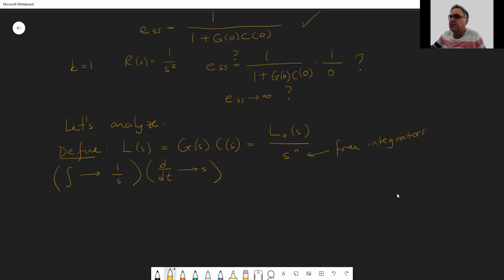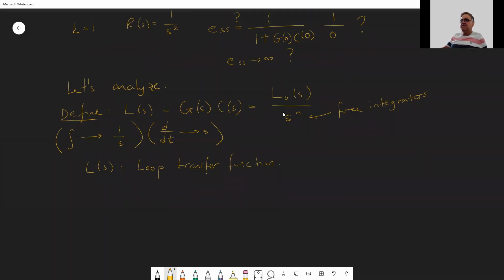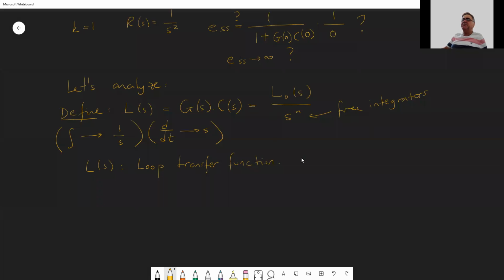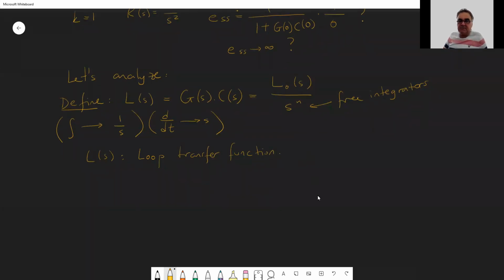One more thing. L of S is called the loop transfer function, or it might be called the open loop transfer function, if you like, but let's keep it this way. L0 is the same function stripped of its free integrators, if there are any.